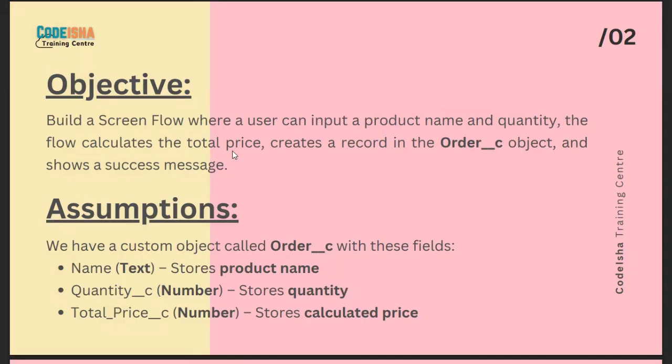The assumption is that we have a custom object called Order, with the name, the quantity, and the total price. In our Salesforce org, we must have this object with these three fields, because we store the data through the screen flow.